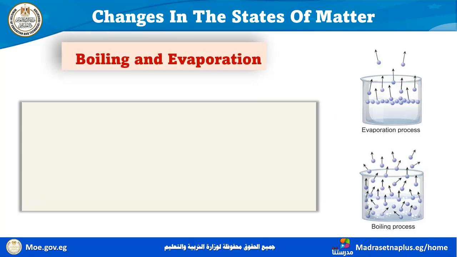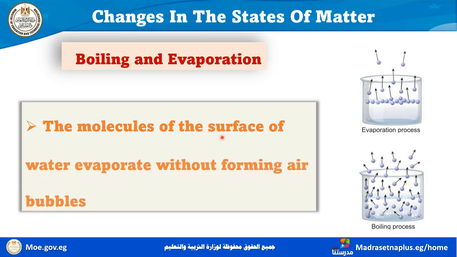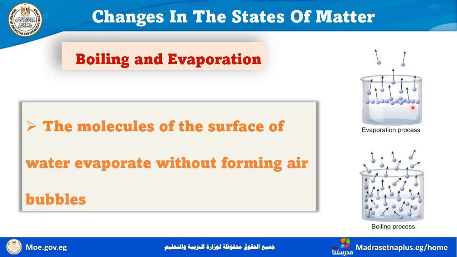During evaporation, the water molecules at the surface of the water evaporate without forming air bubbles, while during the boiling process a lot of bubbles are formed inside the liquid during heating, turning the liquid from its state to the gaseous state.